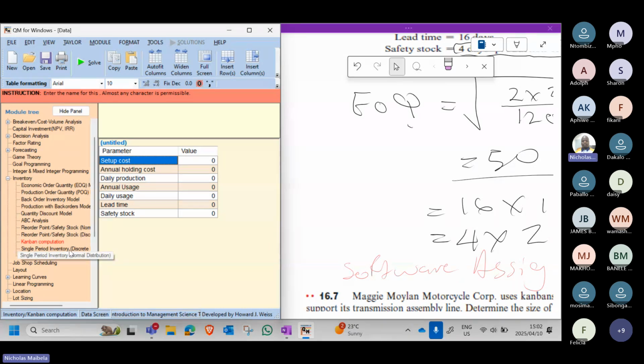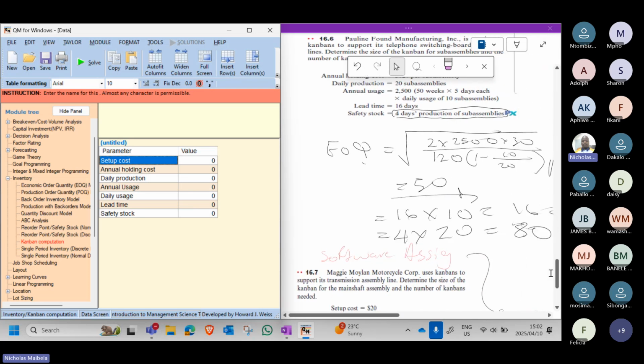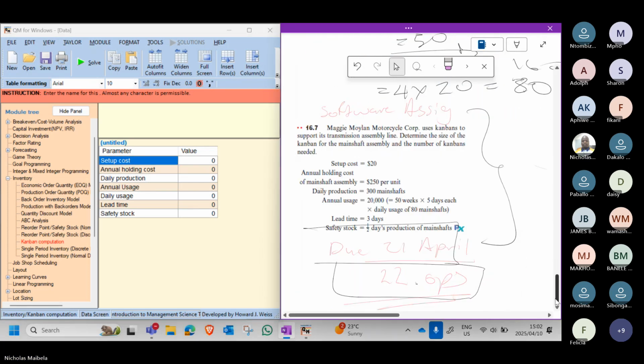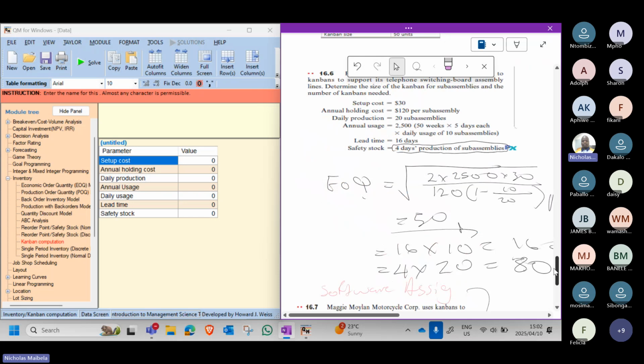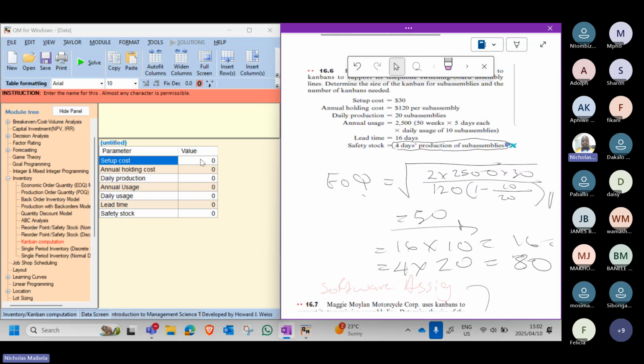Yeah, I think we must choose Kanban computation because we are looking for number of bins, isn't it? Yeah, we're looking for number of bins. So setup cost is, and what I like, look at that. Look at the values, how they correspond. 120, 20, 2.5.